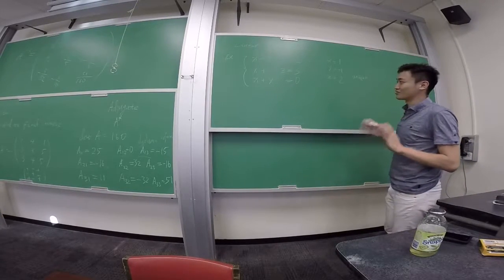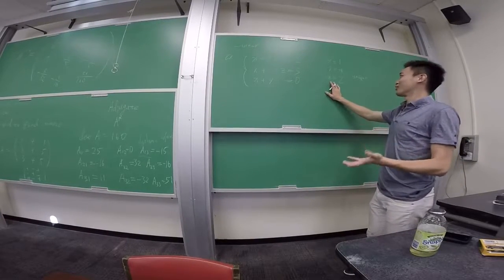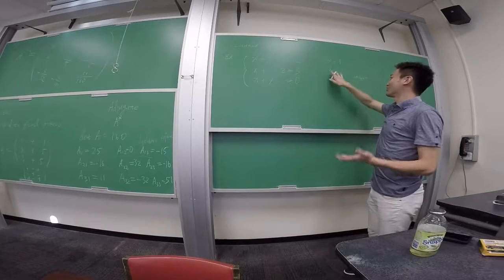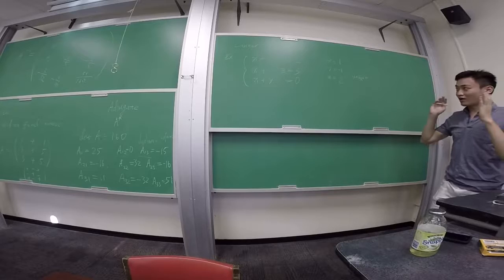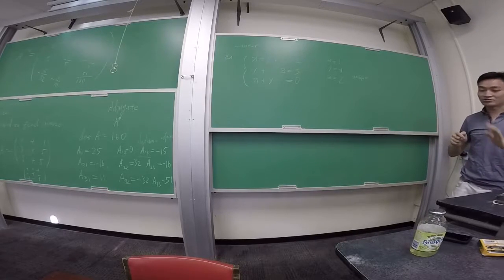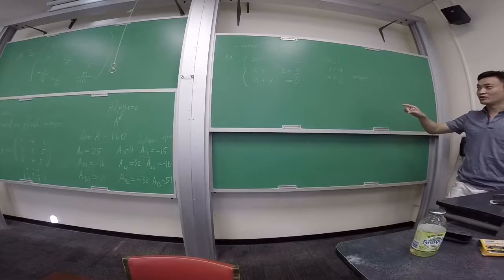Because the number of z can only be 2, and the number of x can only be 1, and the number of y can only be -1. And as you can see, the last time I told you that there are 2 points of view to look at what is a linear equation.